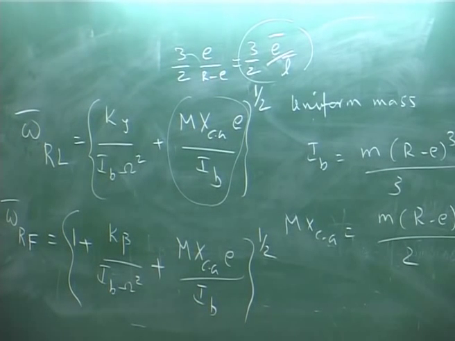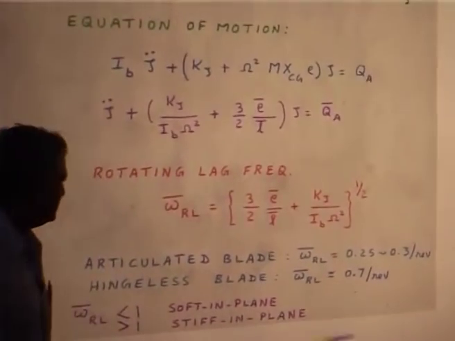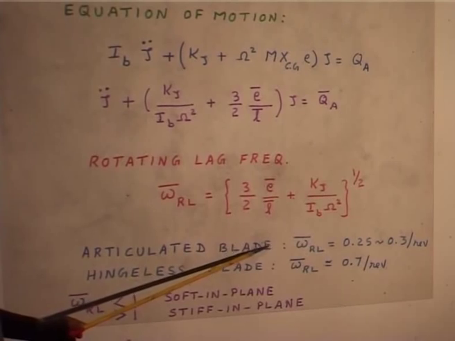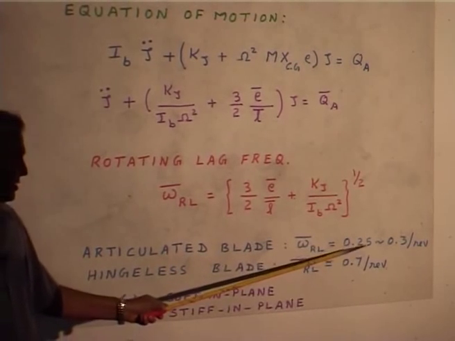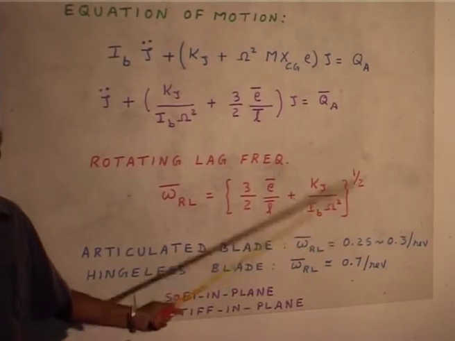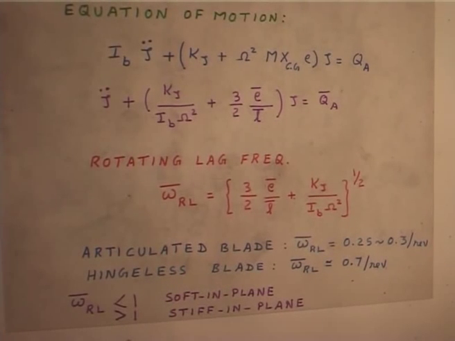It is usually of the order of, I have given here, for articulated blade, it is in the range 0.25 to 0.3, whereas flap is 1 point something, okay.